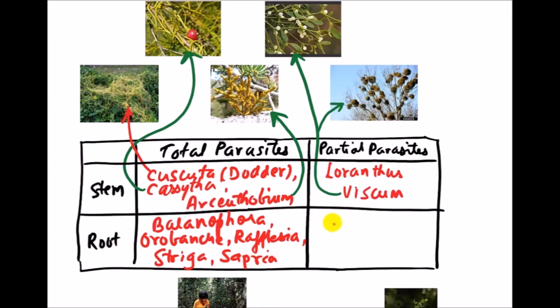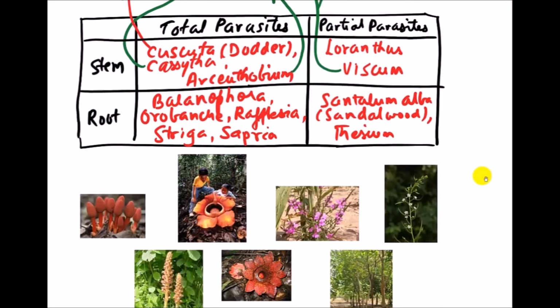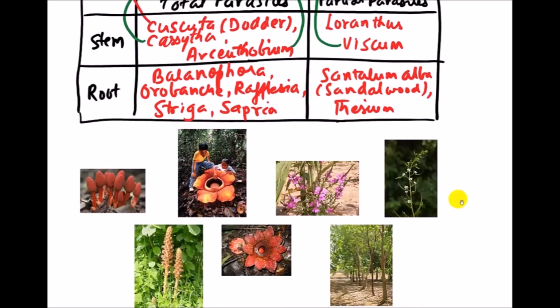While the partial root parasites include Santalum album, which is also known as the sandalwood tree. Other examples are Thesium. Now where are these examples and how do they look?